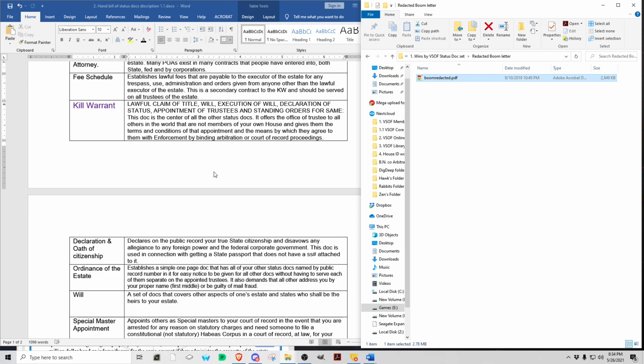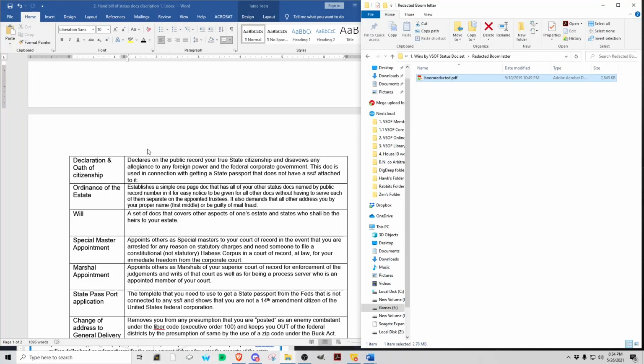And then sometimes you've got last name, first, middle, which is usually what they name the constructive trust in an inferior court proceeding to administer the abandoned estate through a temporary constructive trust, which is the court case itself. That's the background of the KW. So now you guys understand where that thing came from.